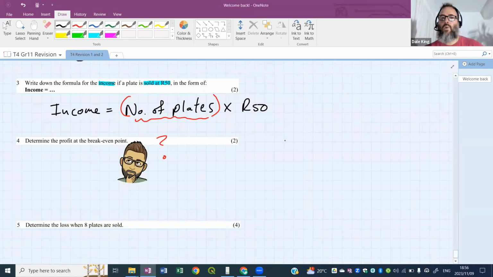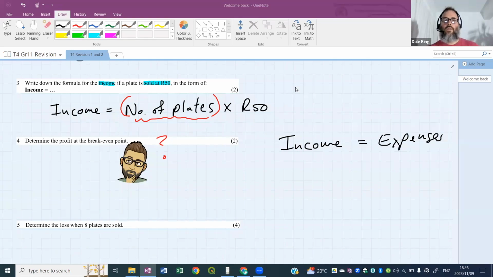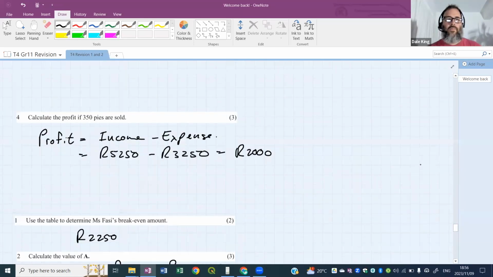Because at break-even points, we just discussed it earlier, income equals expenses. Isn't it? It's a trick question. Yes, Tato. 0. They should be the same. So if your income is, say, 500, and then your expenses is 500 at break-even, right? Remember the table here at the top?